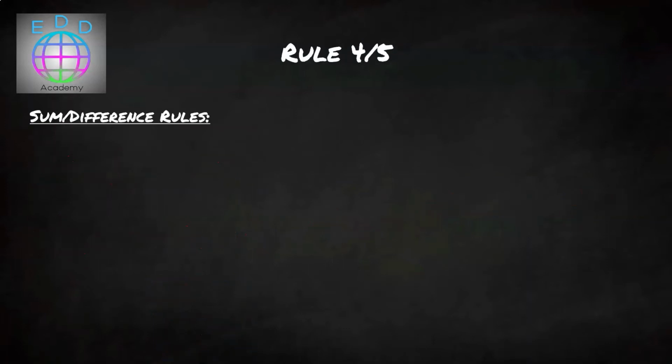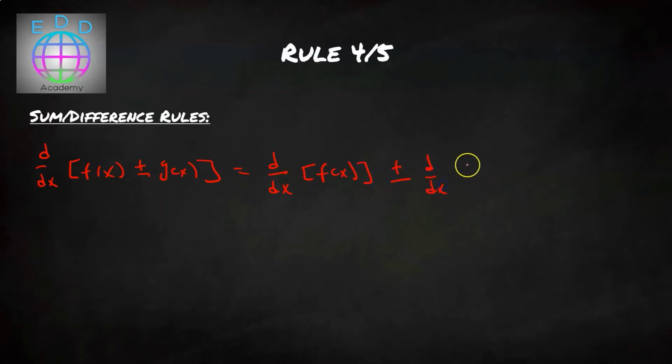Now, rules 4 and 5, the final rules we will learn today, are very closely related and can be used interchangeably. The sum and difference rules say that the derivative of two functions, f of x and g of x, either added or subtracted, can be computed by splitting up the derivative into taking the derivative of the first function f of x and either adding it or subtracting it to the derivative of the second function g of x.